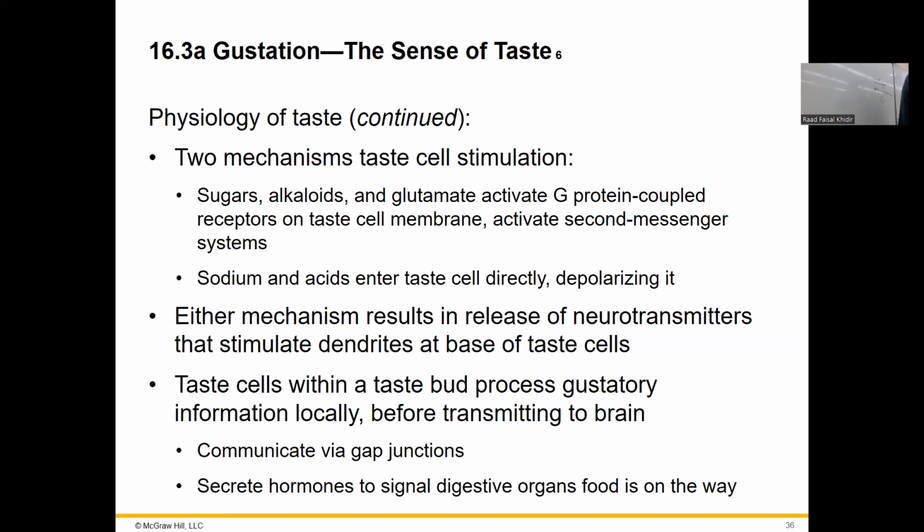Can a hydrophilic substance cross the plasma membrane? It cannot, because the plasma membrane has a lot of phospholipids.